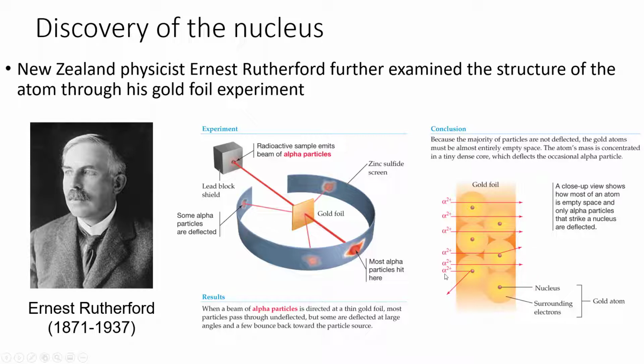And every once in a while, you're going to have an alpha particle that collides straight onto this very massive center core and is deflected back towards itself. So since most of the events passed straight through, this showed that the gold foil itself is mostly empty space, composed of only a couple very hard, dense cores that are able to deflect these alpha particles.